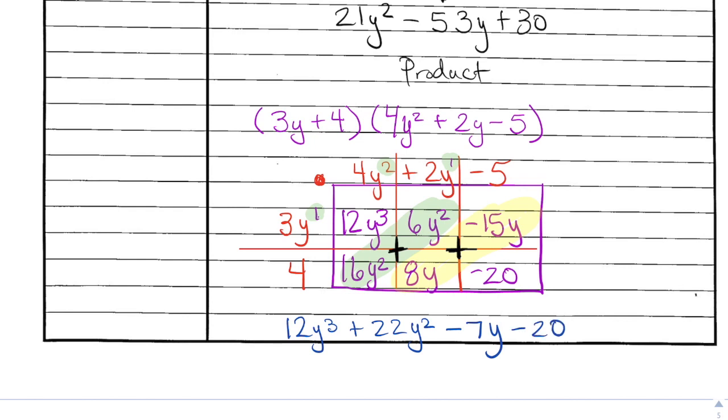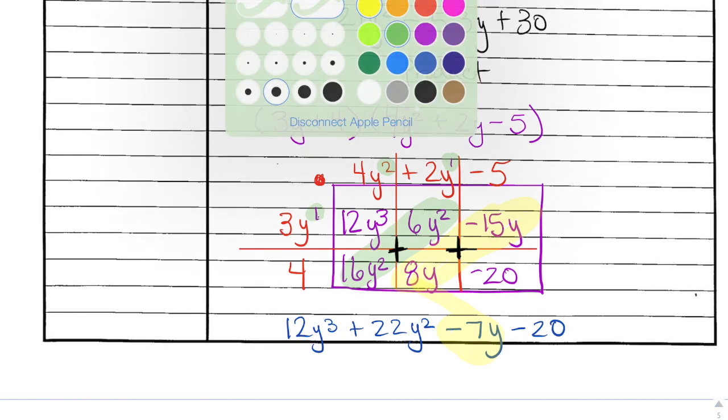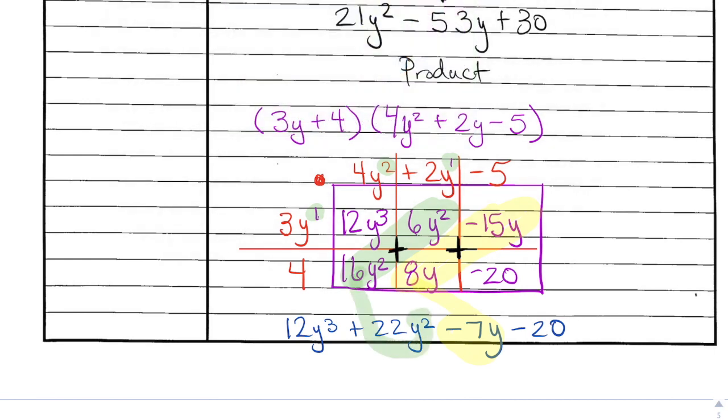And then I bring down my negative 20. Right? So this product goes with this part, goes with this part. We have our numbers on the end, and that's my final answer, my final product.